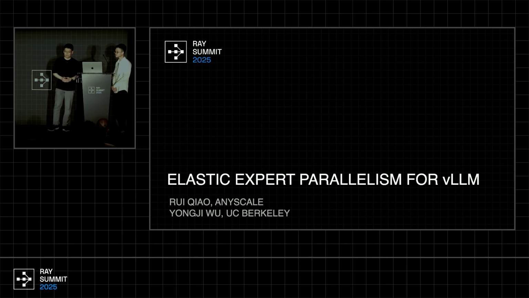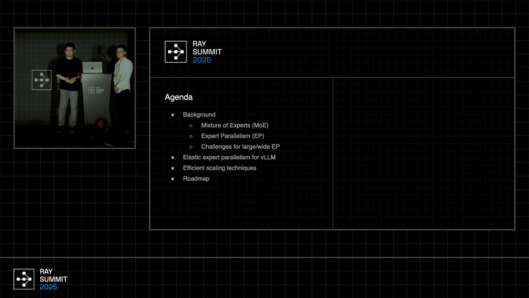Today, we're going to talk about the elastic expert parallelism for vLLM. In this talk, we will first talk about the background. This includes mixture of experts, expert parallelism, the challenges for large and wide EP, and then we will present the elastic expert parallelism for vLLM.